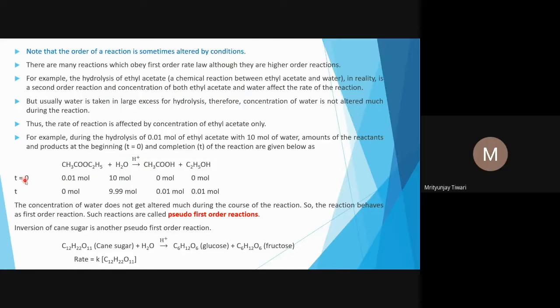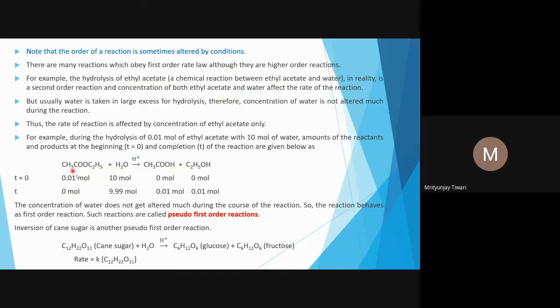Suppose at t equal to 0, you have taken 0.01 mole of ethyl acetate and 10 moles of water. So water is already in excess, and in the presence of acid, initially there was no acetic acid and no ethanol, because the reaction is just going to start. At time t, suppose all of the ethyl acetate is consumed, so it is hydrolyzed.